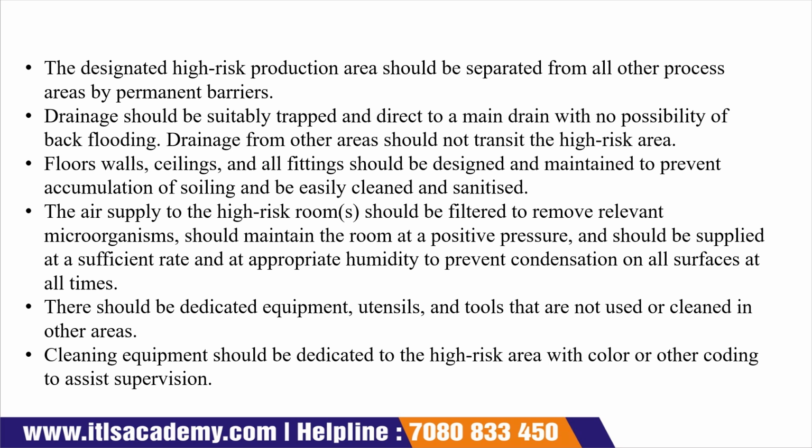The first thing: the designated high-risk production area should be separated from all other process areas by a permanent barrier. So the area in which the high-risk food products are produced should be completely separated from the other areas in which food is produced, by a permanent barrier.